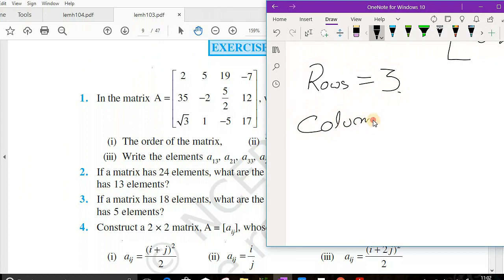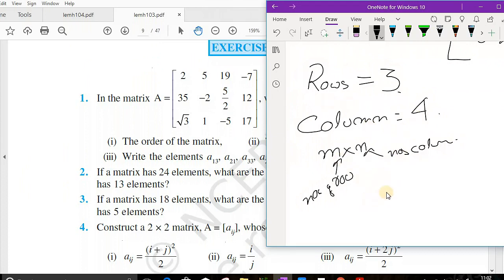Columns. 1, 2, 3, 4. 4 columns. So what will be the order? Order is M into N, where M is the number of rows and N is the number of columns.